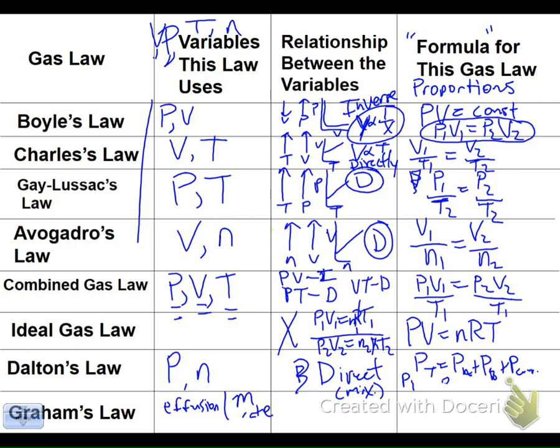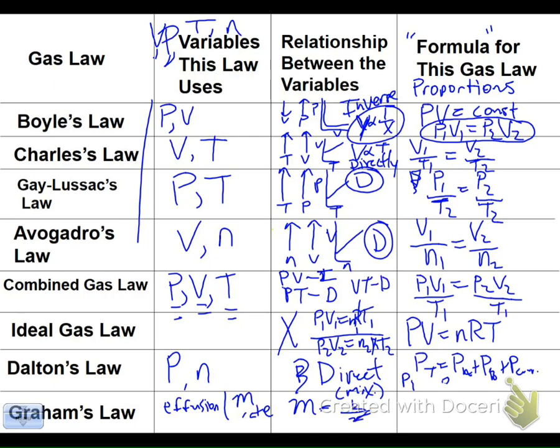And we've discovered that if you graph this, the main idea is that as gases get heavier, they're going to move slower. And that is an inverse relationship. But it's not just simply inverse, it's square root inverse.